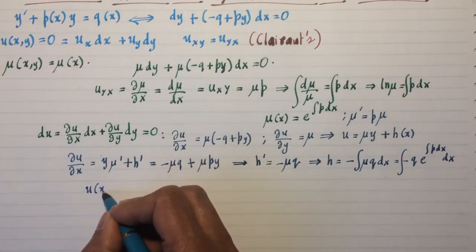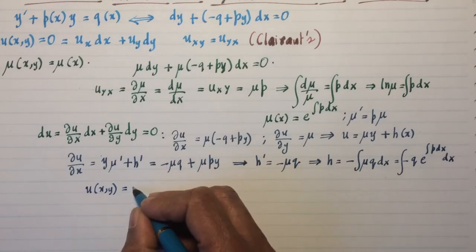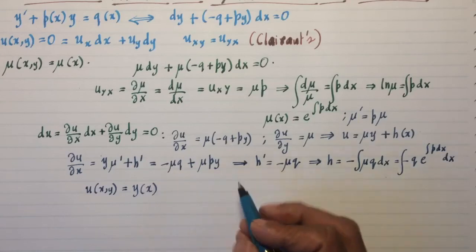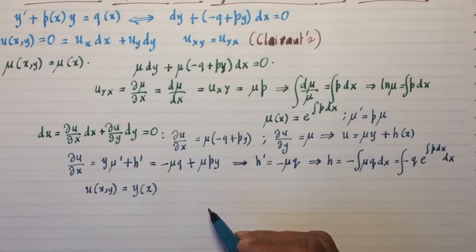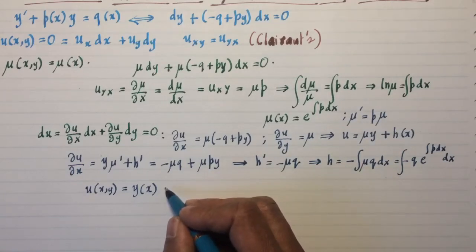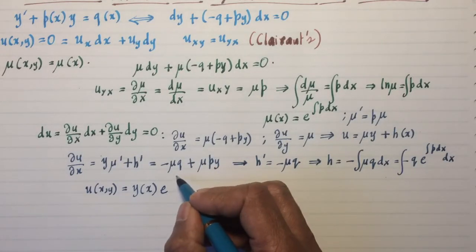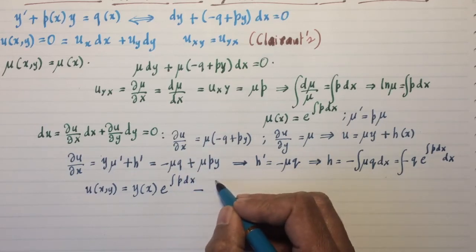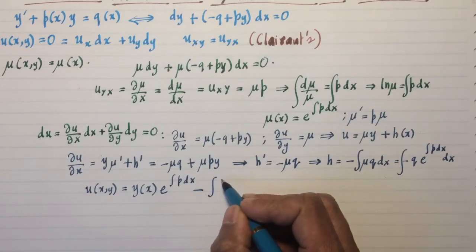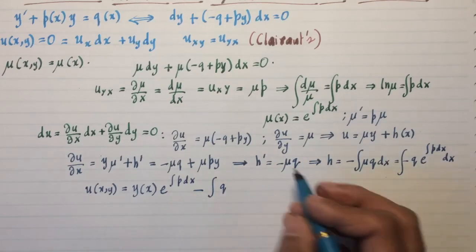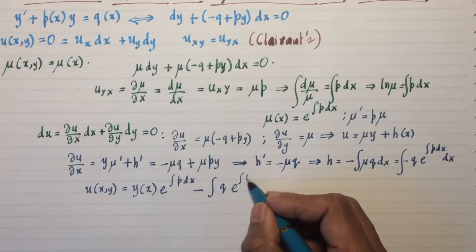So the full solution, u of x, y, is going to be y of x times e to the power integral p dx minus the integral of q times e to the integral p dx.